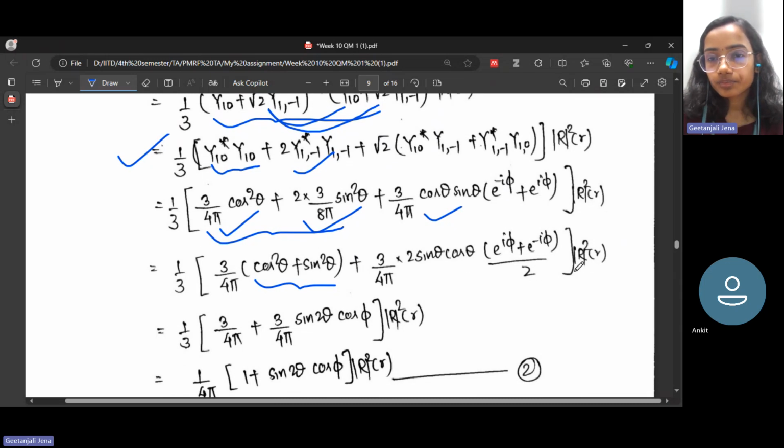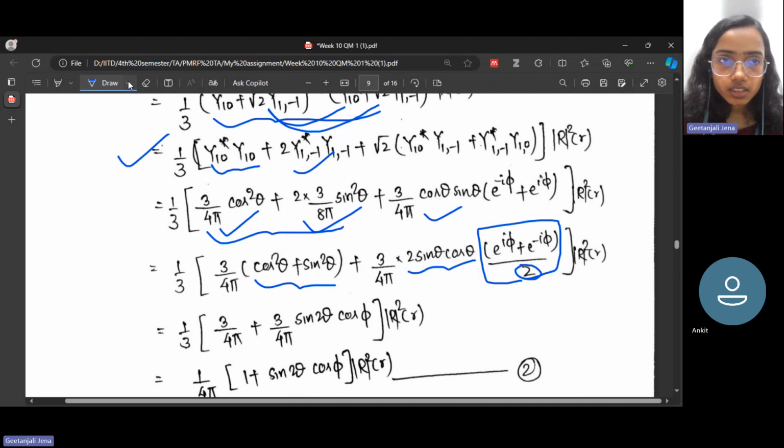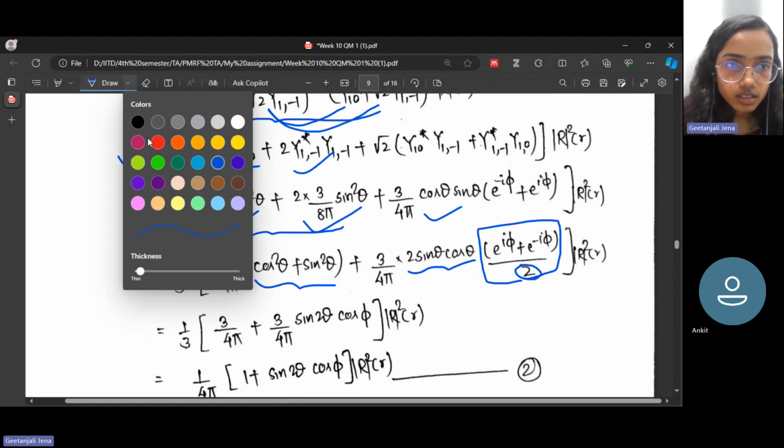And for the third term, you will get e to power i phi and e to power minus i phi by 2. So you multiply by 2 here and divide by 2 here. Let me use a different color.